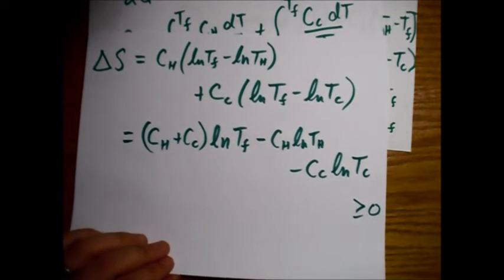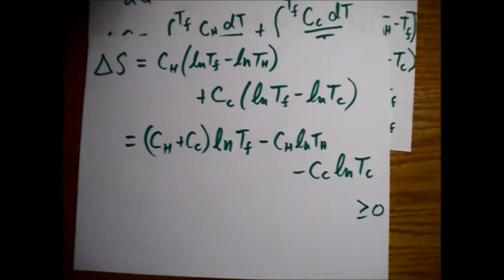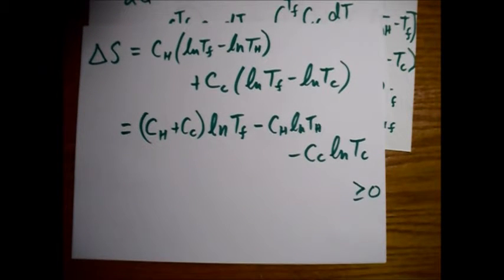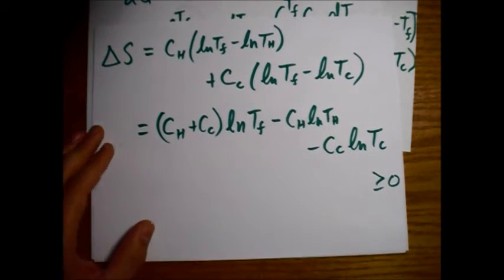So for the maximum work out, we want this to be equal to 0, because we get the maximum amount of work out when we're doing an infinitesimal quasi-static process where the entropy change is 0.